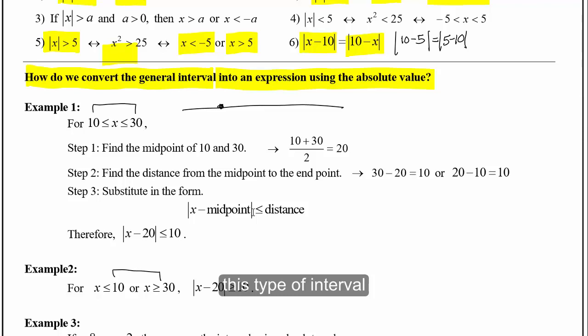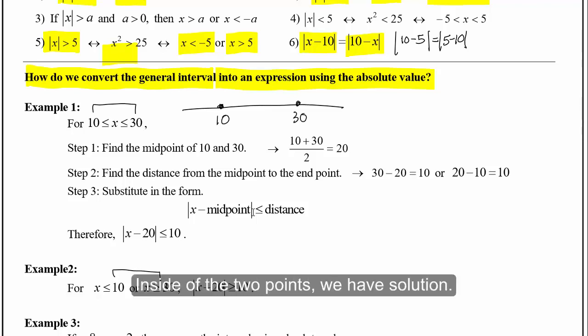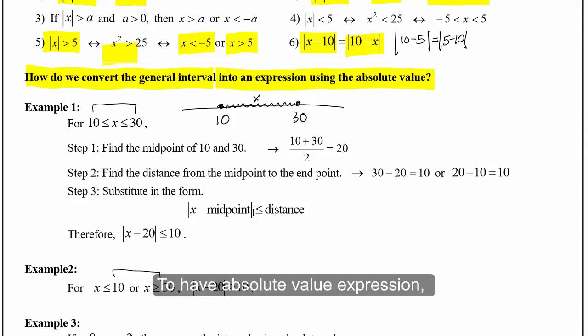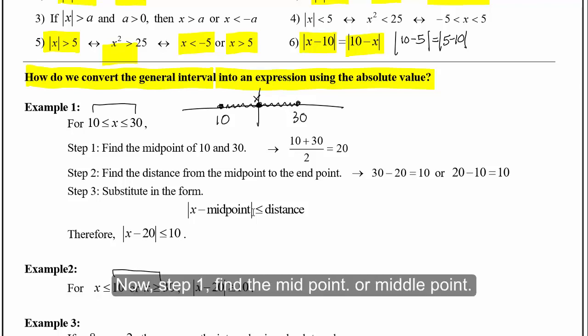So the first one is this type of interval, 10 and 30. Inside the 2 points, we have solutions. The solution is inside. So we have 2 endpoints. Now we can use an absolute value expression. To have an absolute value expression, we need the midpoint.